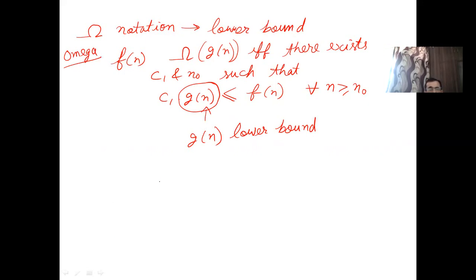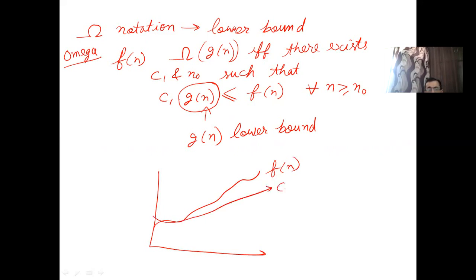Some of you might be aware, some of you might not have heard this earlier. So effectively, if this is f(n), then symbolically you could say this is C1 into g(n), a lower bound.